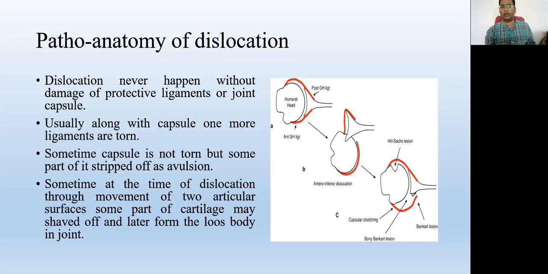Later, after some time, that small stripped part of the cartilage of the articular surfaces forms loose bodies, or bony structures, so loose bodies are found in the joint in later conditions.